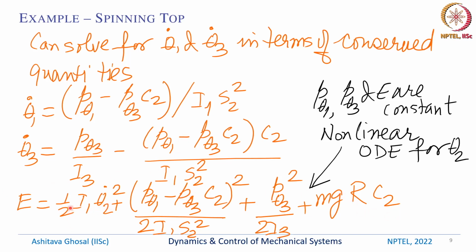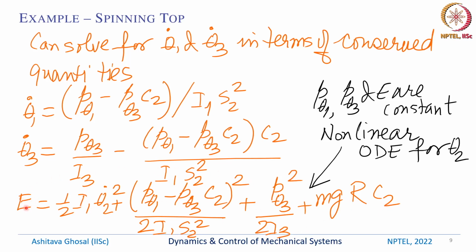So what we will get is half I1 theta 2 dot square plus (p theta 1 minus p theta 3 into C2) whole square divided by 2 I1 S2 square plus p theta 3 square divided by 2 I3 plus mgr C2. So what have we done?